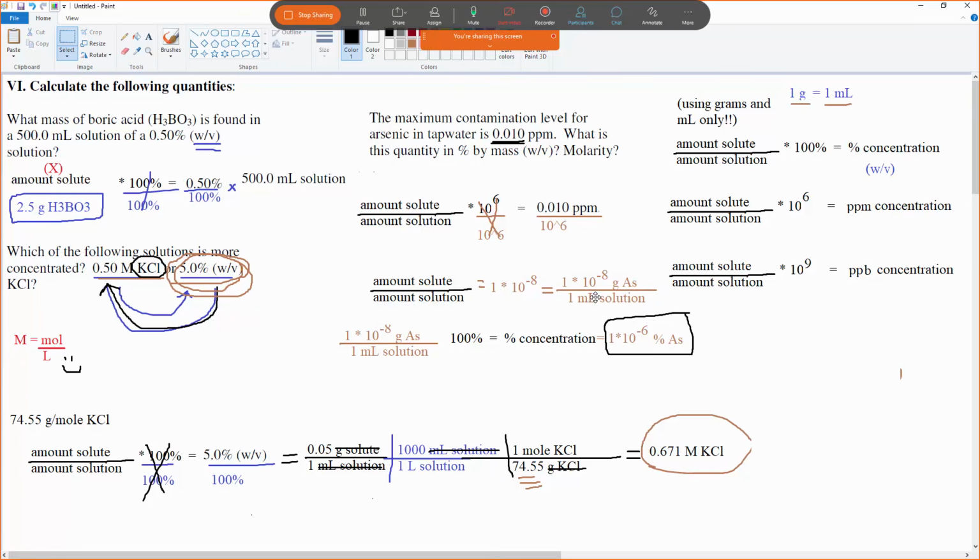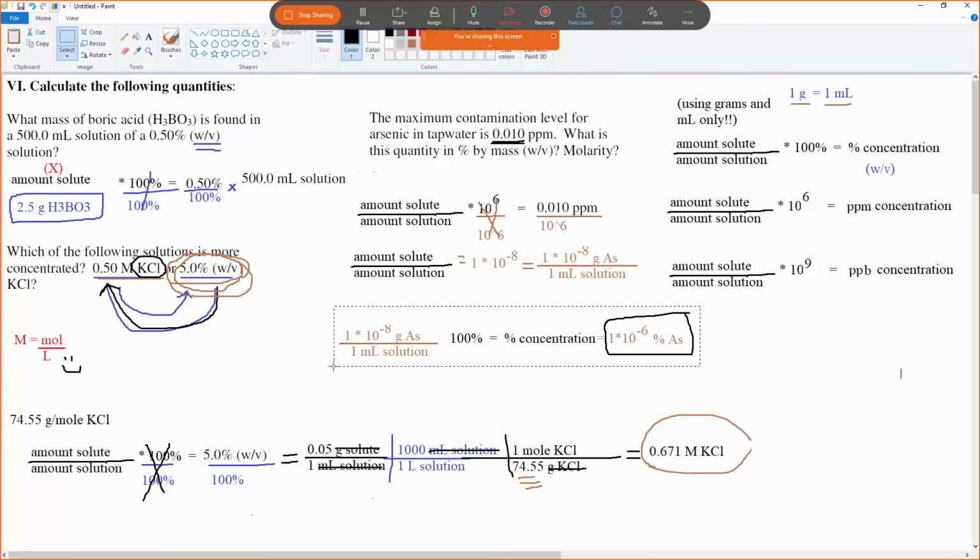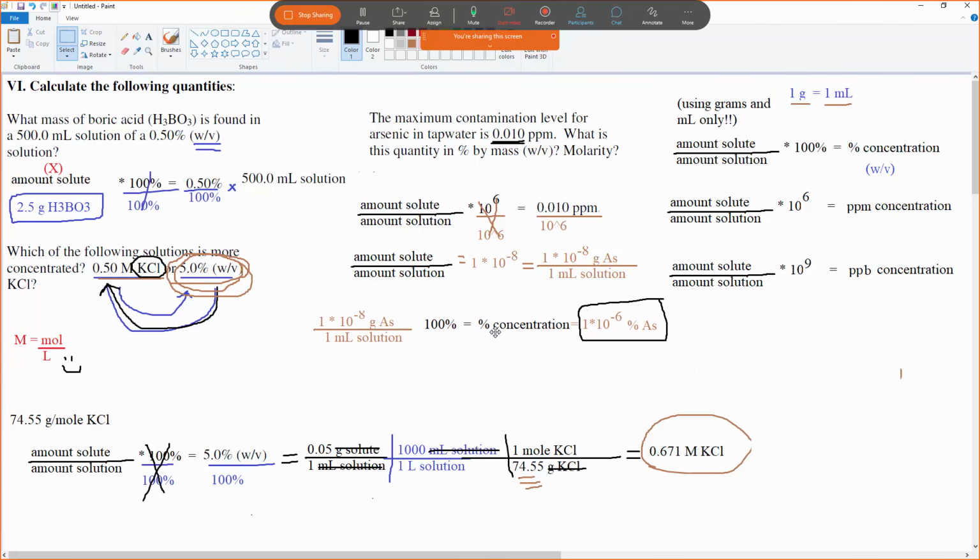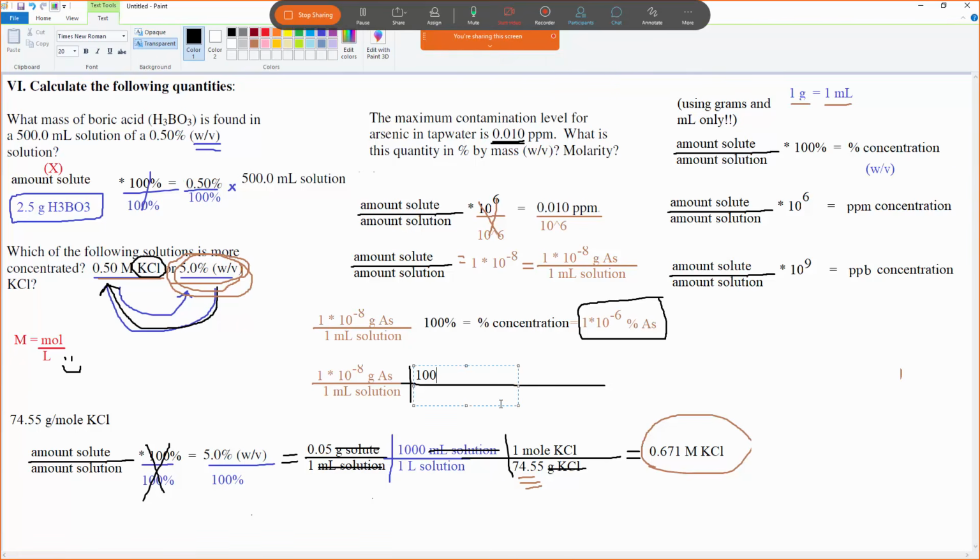Okay. The next step is to take it to molarity, which is basically exactly the same thing that we did down here, right? If I know that fraction in grams and milliliters, then I'm going to be able to convert it to moles and liters, and that's not a huge challenge for me. So I have 1 times 10 to the negative 8th grams of arsenic in every 1 milliliter of solution. And I just have to convert that to liters. So I'm going to do 1,000 milliliters on the top and 1 liter of solution.